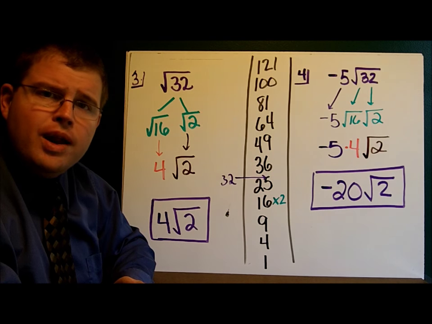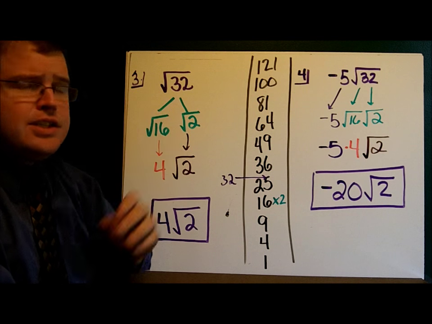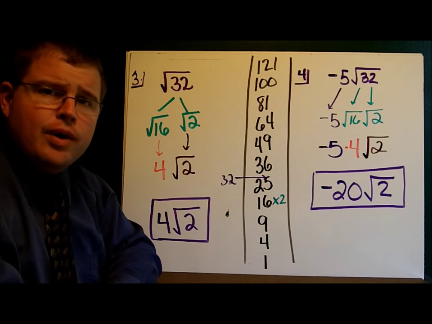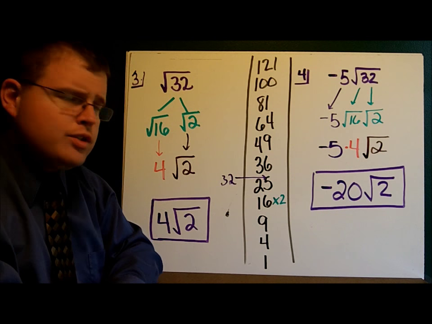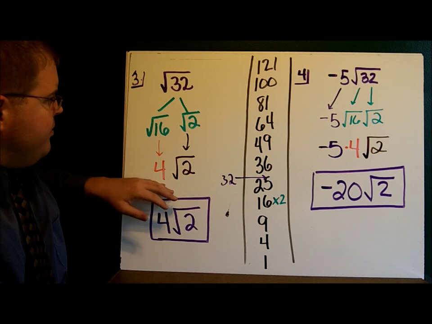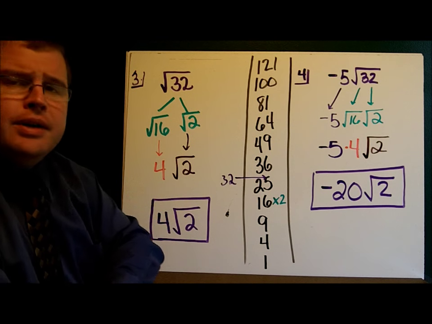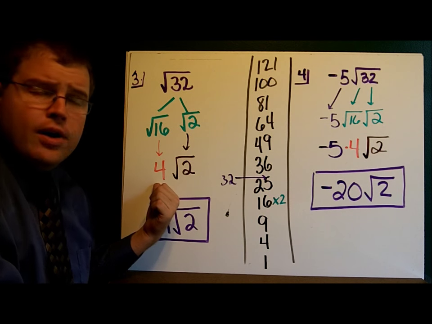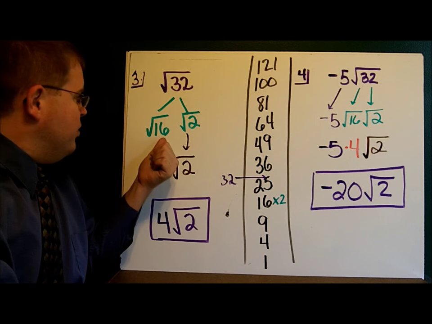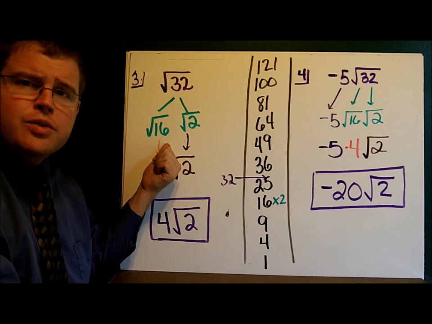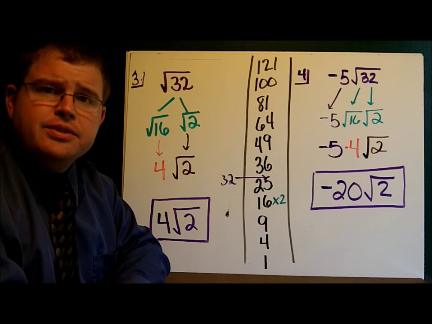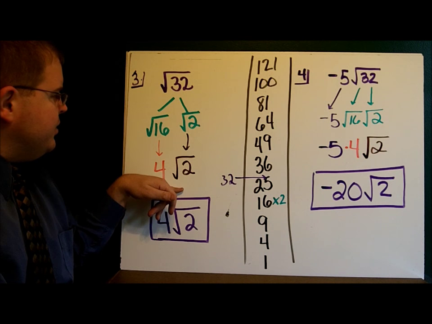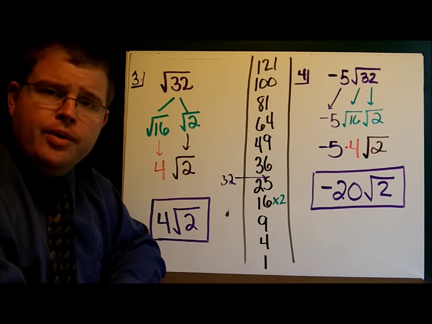And so what I'm going to do is break this 32 apart into the square root of 16 and the square root of 2. Square root of 16 is 4, and the square root of 2 is just the square root of 2. Notice that this 4 is not in a square root. Once you take the square root of the perfect square, the square root is used. You only use that radical one time. So 4 square roots of 2 is equivalent to the square root of 32.